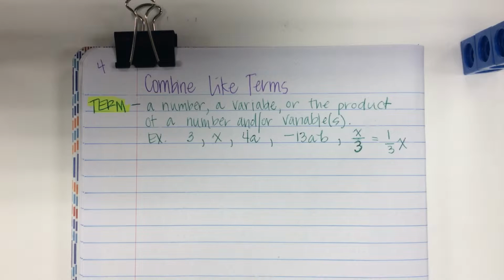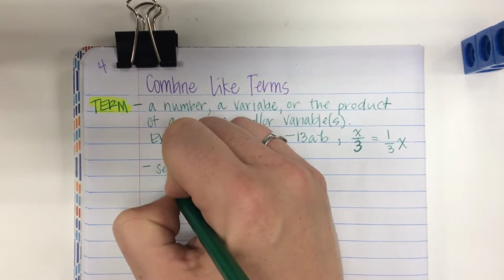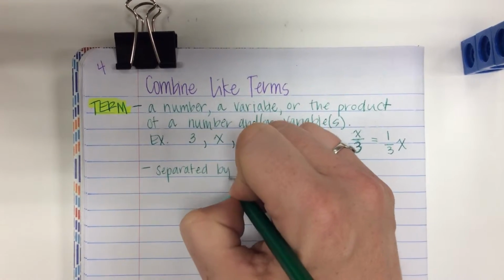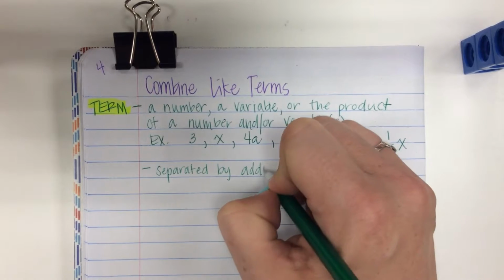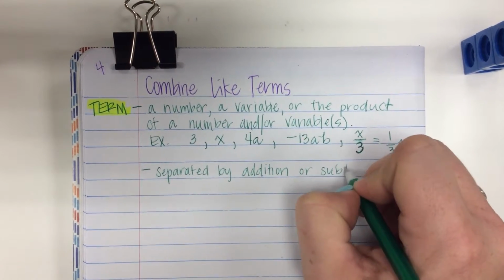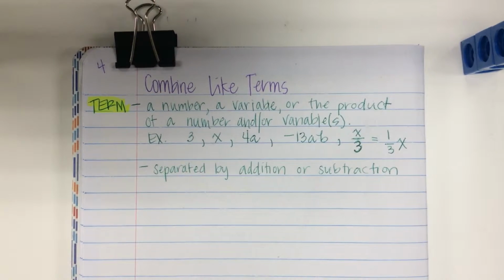An easy way to identify terms is they're separated by addition or subtraction. A plus sign separates the terms, or a minus sign separates the terms.